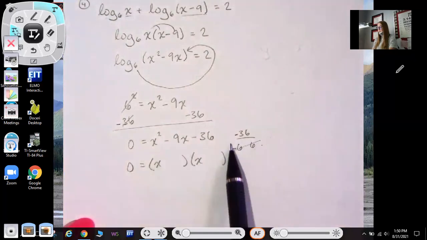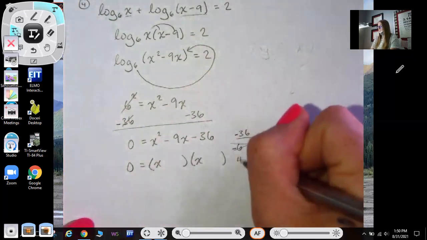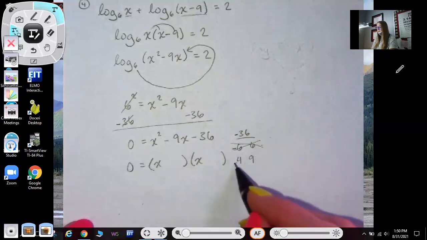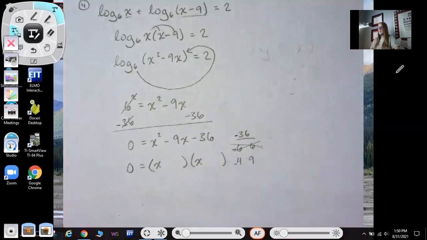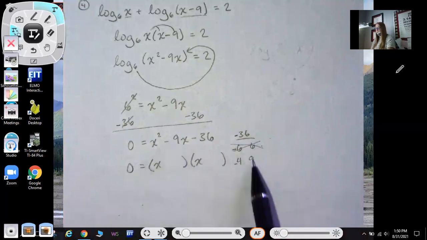So that pair of factors doesn't work. What are more factors of 36? 4 and 9. So if I use 4 and 9, I know one of them has to be negative. So let's try negative 4, positive 9. Those do multiply to be negative 36, but when you add them together, you get positive 5. We need it to be negative 9.